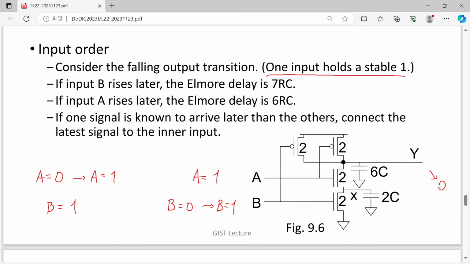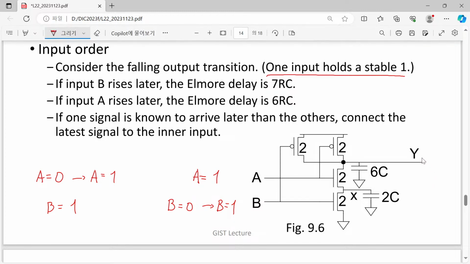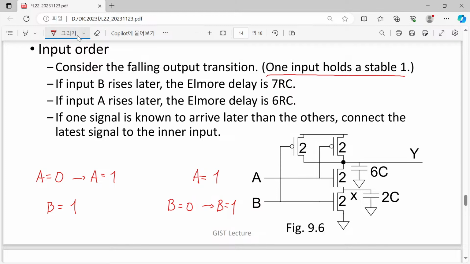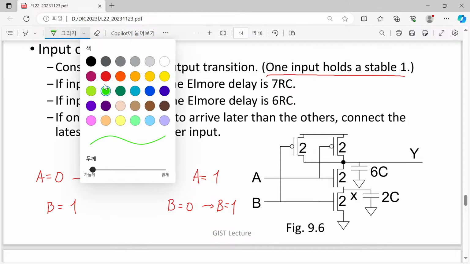I wanted to say that if everything is ideal, they should have the same response. However, in reality, inside our NAND gate we have to make some inner input and outer input, so they will behave differently. So let's have a look at it.